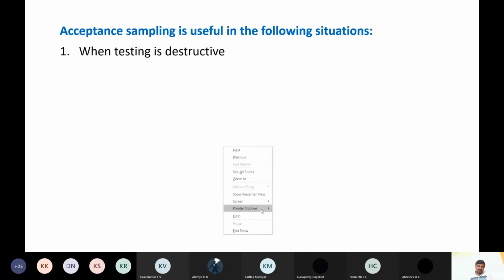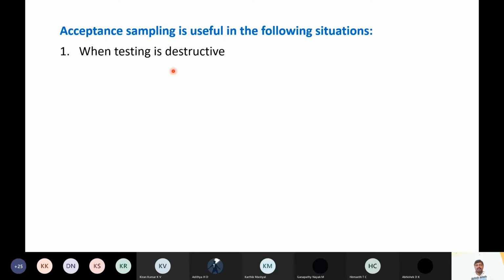So destructive testing means that while testing itself, the product or the component is subjected to failure. That means if you are taking samples for testing, you cannot use those samples further. They will undergo failure. They will be destroyed, so they will be disposed of. We cannot use them further.